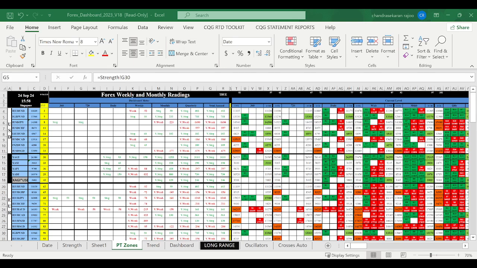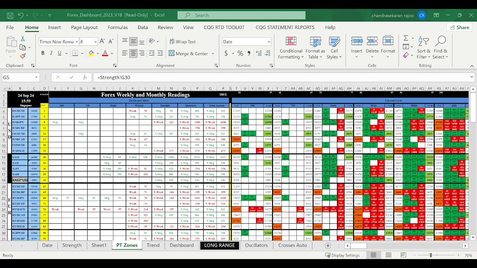As far as the euro is concerned, we are looking at the 360 and 720, and it's been in a range, so we don't see any big movement happening. But the overall direction on the daily and weekly is pointing down, because the daily is trading at SR2 and the weekly is at SR2 and SC1.